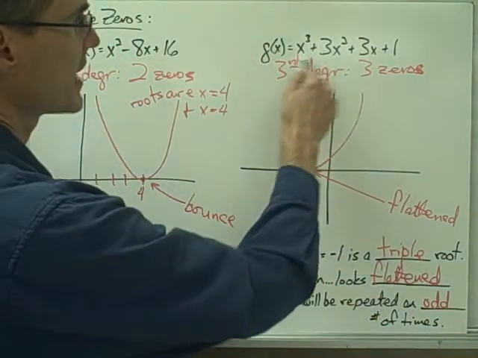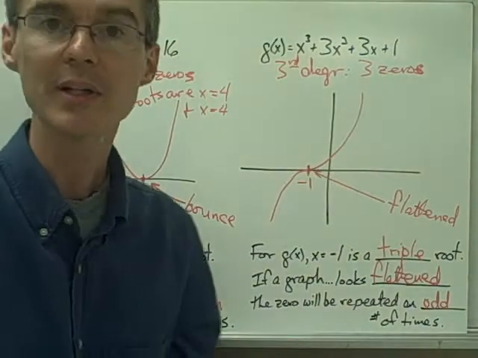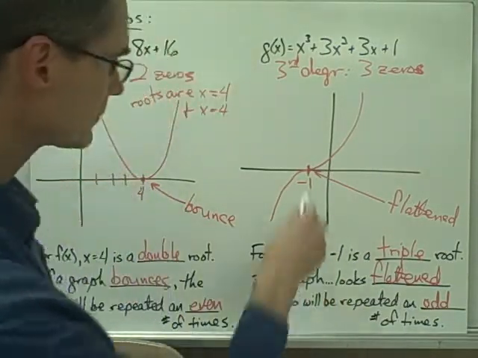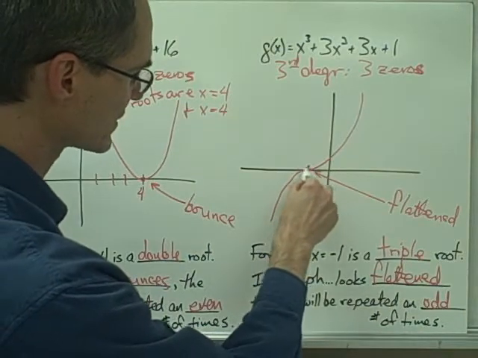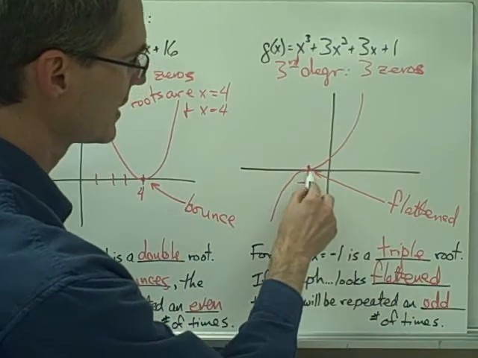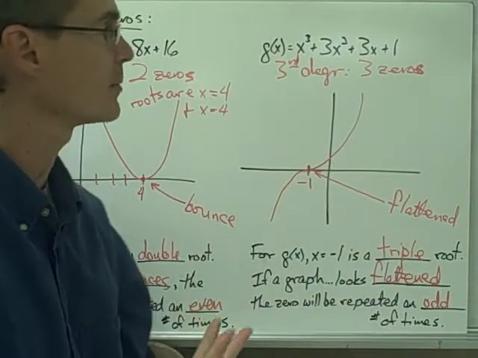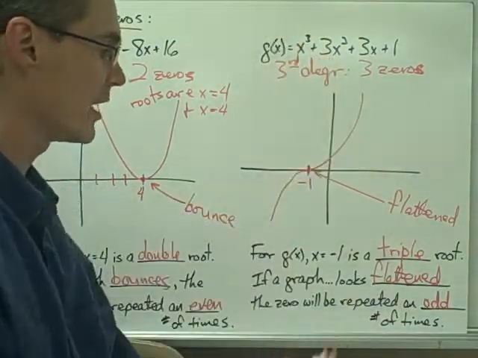So since this is a third degree polynomial, and I know I have to have 3 zeros, this flattened point tells me that it is repeated an odd number of times, and that odd number is going to be 3 to match the degree of the polynomial.